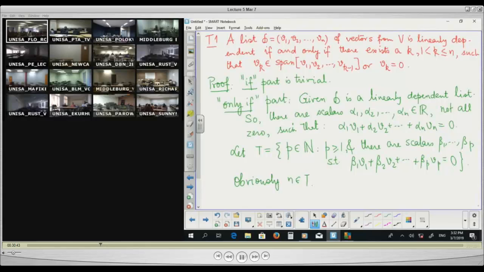Now my next question. What do I do? Now, every non-empty set of natural numbers has a smallest element. Right? So this is the crucial fact that I am using. Let me see if I can introduce a page.